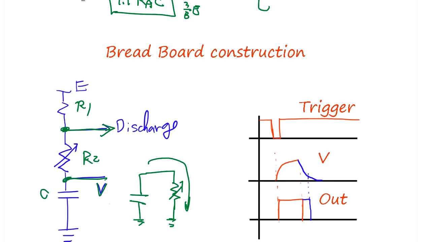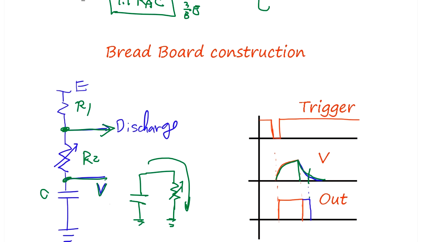So it doesn't drop suddenly like this, it discharges like that. So there will be extended time. Okay, so the output voltage looks like this.